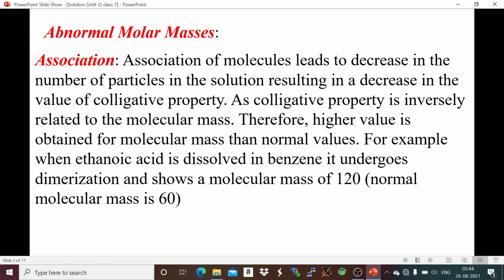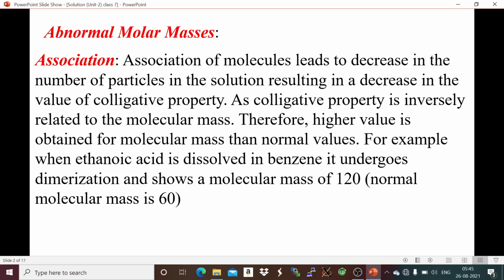Again, colligative property is inversely related to molar mass. For relative lowering of vapor pressure, elevation of boiling point and depression of freezing point, the molar mass of the solute is on the denominator side. So colligative property is inversely proportional to molar mass.